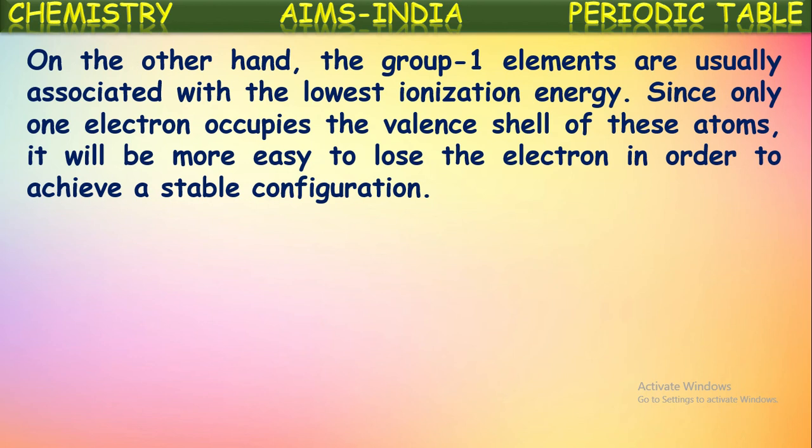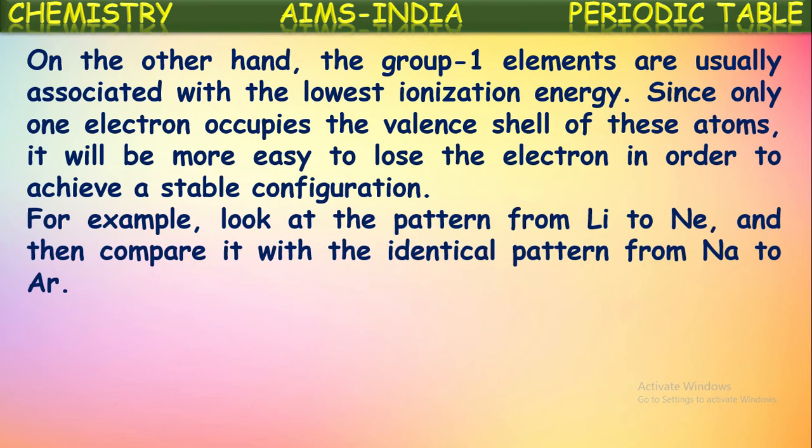On the other hand, the extreme left side elements, the starting elements in each period, are group 1 or alkali metals. They have greater size in all the periods. Hence, they will have less ionization energies. They require a very small amount of energy for the loss of an electron.